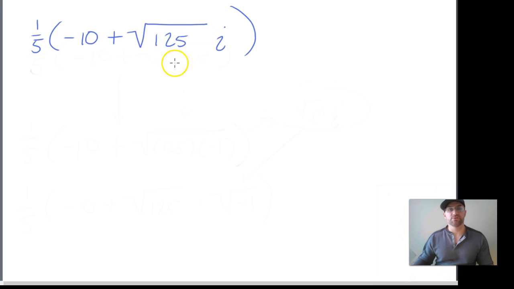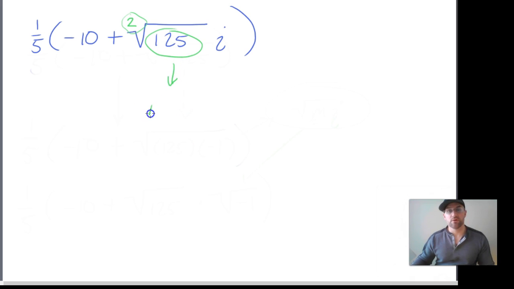Now, the next thing that we're going to do is see if we can factor this radicand, this 125 right here, in such a way that we can have a perfect square, or something that squares out perfectly, because this is a radical with an index root of 2. So let's see if there's something that we can do here, and we can.